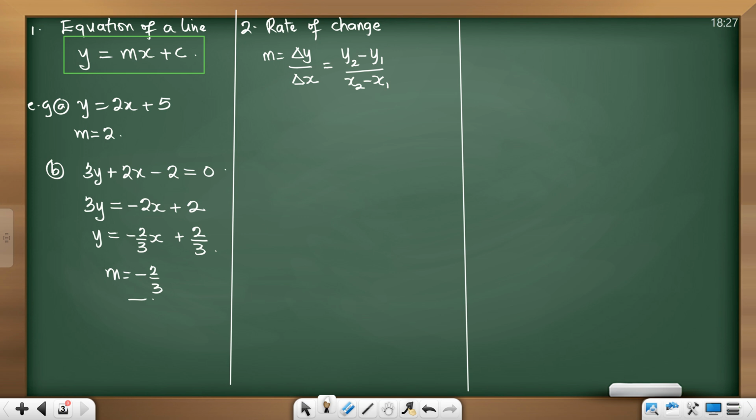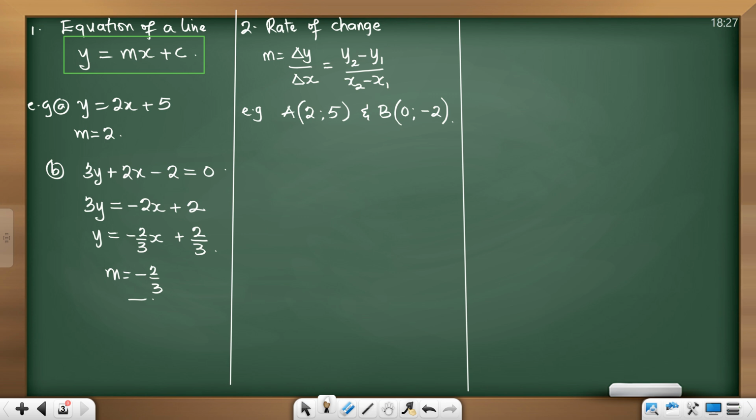This is if I am given 2 coordinates. So for example, given the coordinate of A, 2 and 5, and the coordinate of B, 0 and negative 2. Find the gradient between those 2 points.